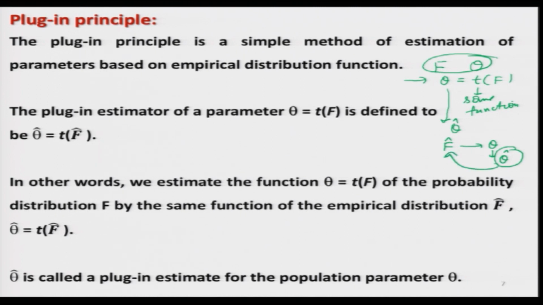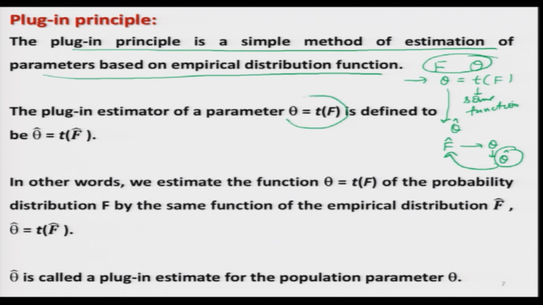For that I use the plug-in principle. The literal meaning of plug-in is that you simply insert or replace the value. So now let us first understand what the plug-in principle is and what the plug-in estimators are. The plug-in principle is a simple method of estimation of parameters which is based on the empirical distribution function, EDF. Suppose I have a parameter theta which is a function of F, denoted by T(F).